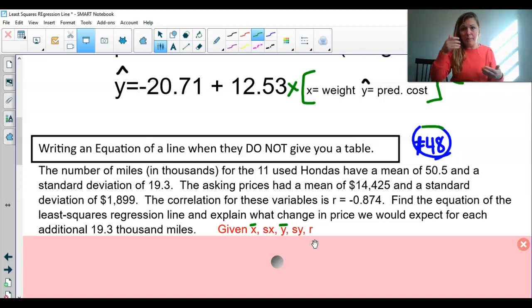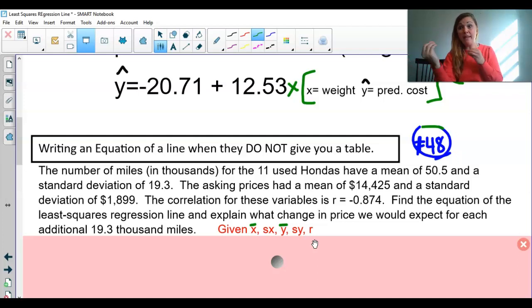What are we talking about? We're talking about the number of miles that were driven as well as the price. What do you think is going to be the explanatory variable? What will influence the response? Will the number of miles on a car influence the price? Or will the price influence how many miles are on the car?